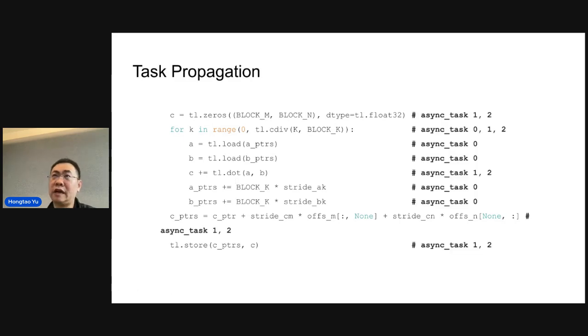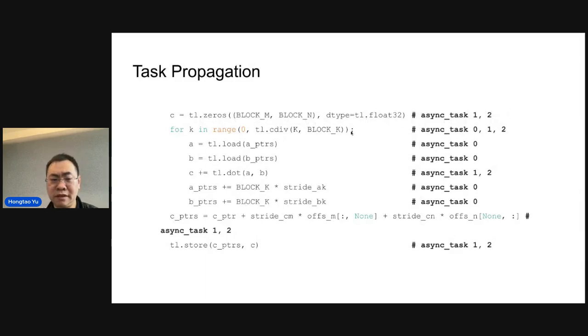And once we figure out the anchor ops, we are going to propagate the task ID of the anchor ops into the whole program through dependency chains. For data dependency, for example, the pointer is going to be used in the producer and the consumer group, and its initialization is also going to be in the consumer group.